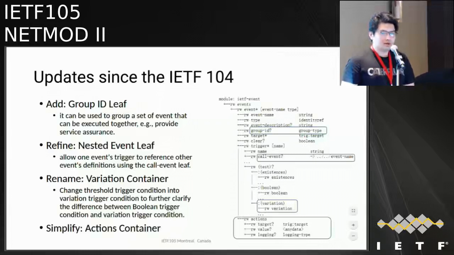We also optimize the next event leaf, moving it from the action list to the trigger condition list, and allow one event trigger to reference another event's definition. And we change the threshold condition into the variation condition to further clarify the difference between the Boolean trigger and the variation trigger. We also simplify the action container.